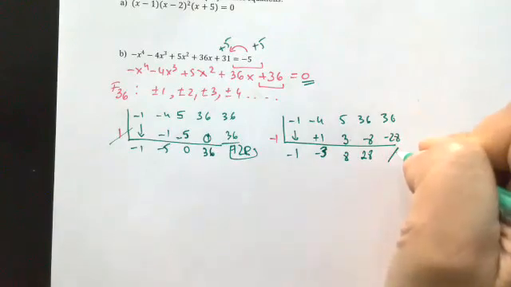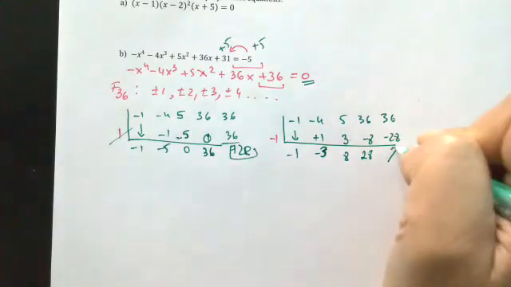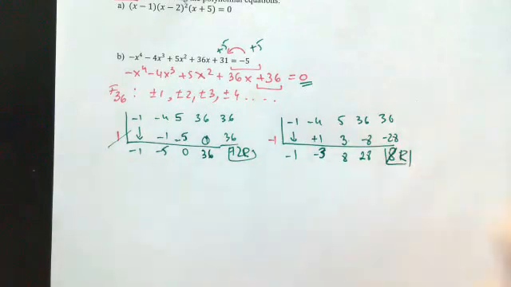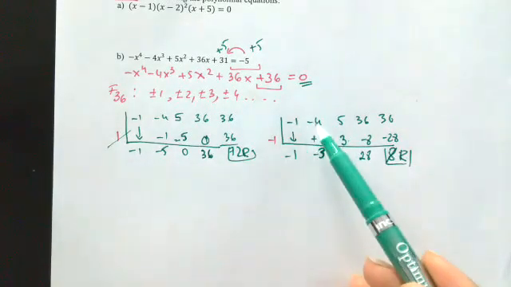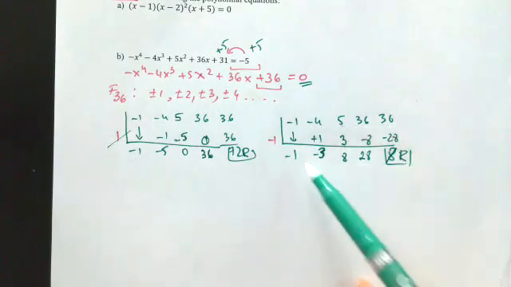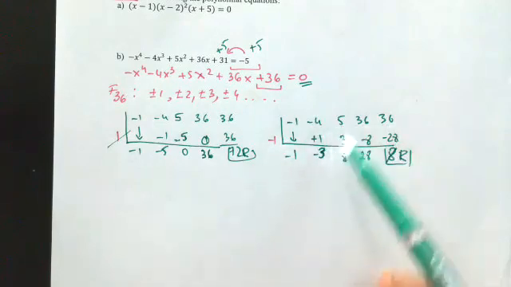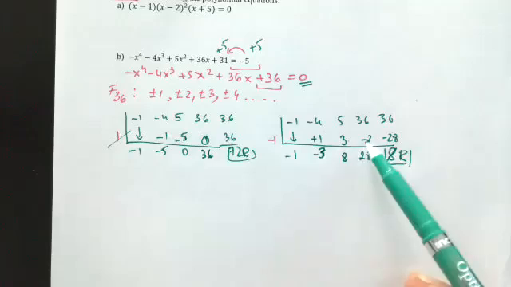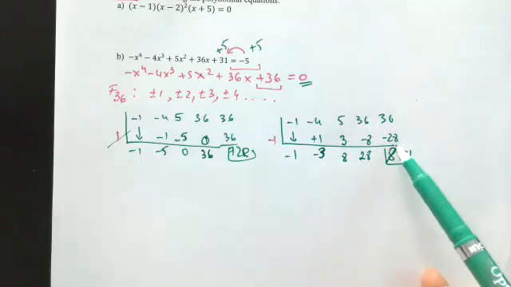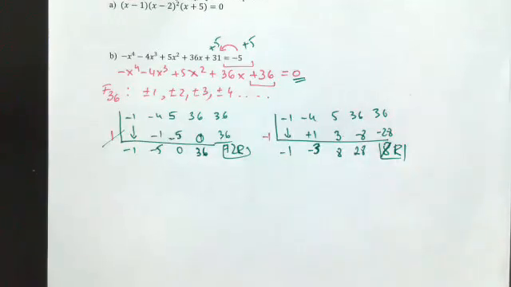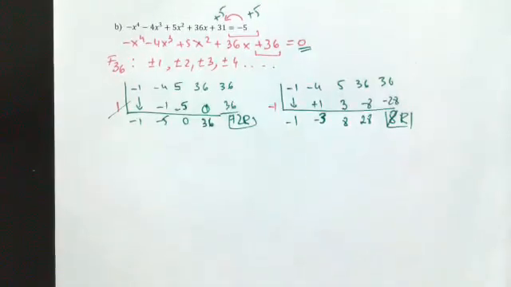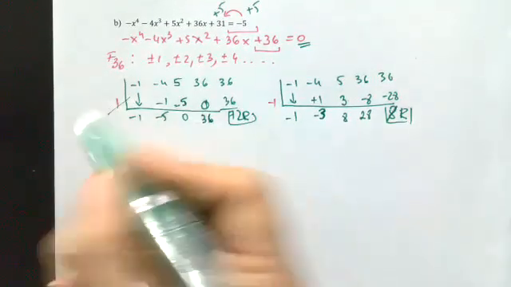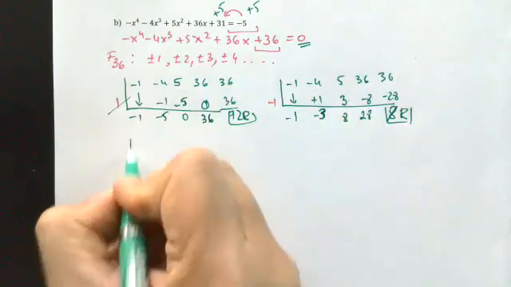So you got -28, so that's 8. Agreed? Let's check our signs again. Negative, negative, positive, positive, positive, negative, positive, negative. Agreed? Okay. We go to number 2 now in the list.